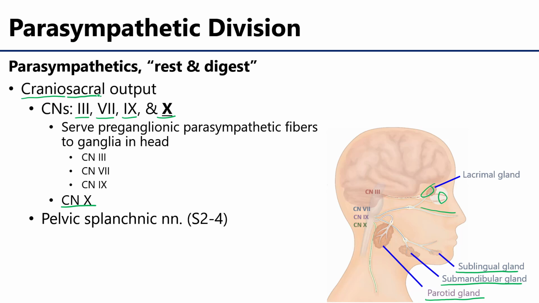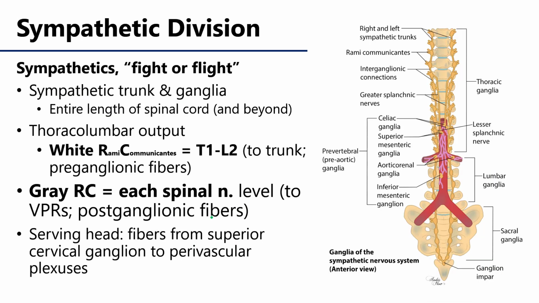The sacral contributions are the pelvic splanchnic nerves. Splanchnic means viscera. And these are nerves which arise from ventral primary rami, or VPR, from sacral nerves 2, 3, 4. So that's the sacral side of the craniosacral output.